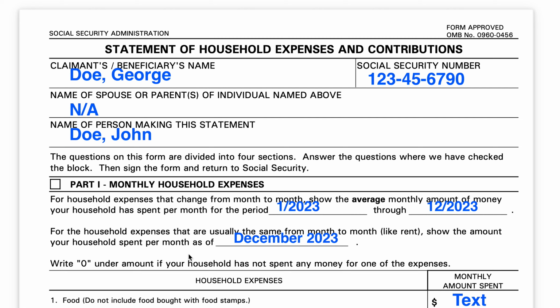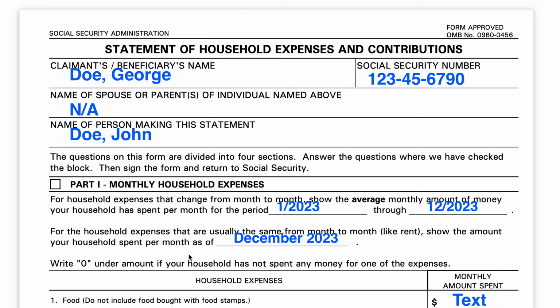So again, this isn't the form where you'll find out whether or not you pass or fail. This is simply an information gathering tool that will help the Social Security Administration make a determination.